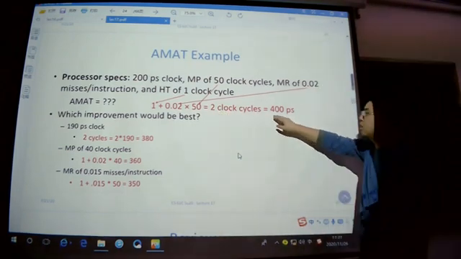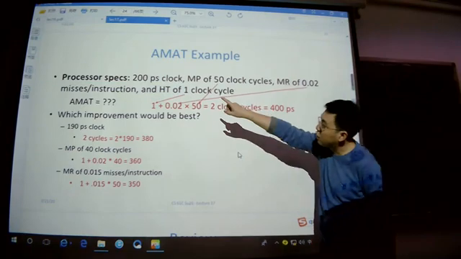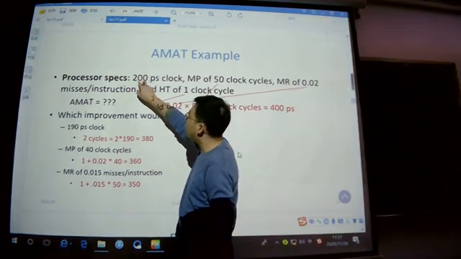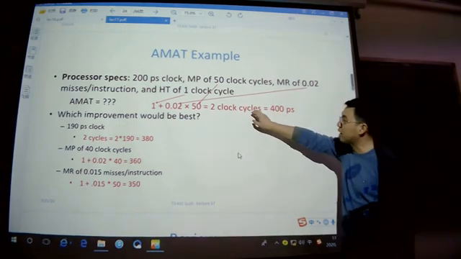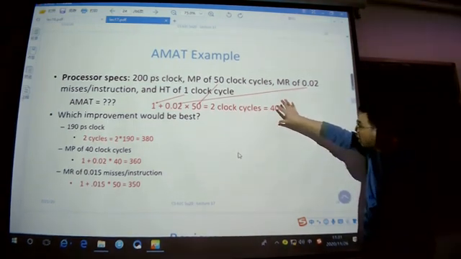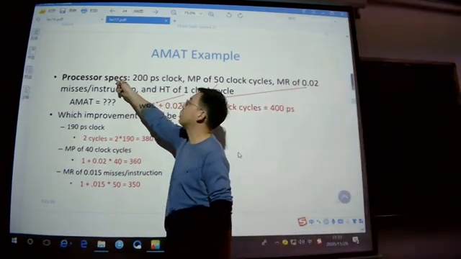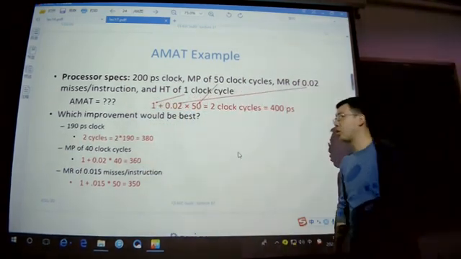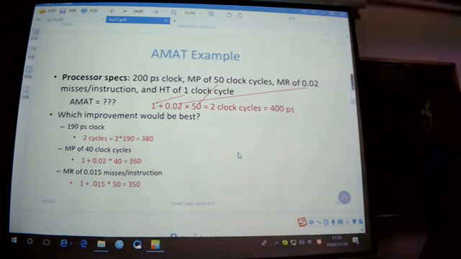Yeah, this is 2 clock cycles. 200 PS is 1 cycle. So 2 cycles equal 400 PS. PS is picoseconds, in Chinese we call it 周期. Yeah, this is a time period.